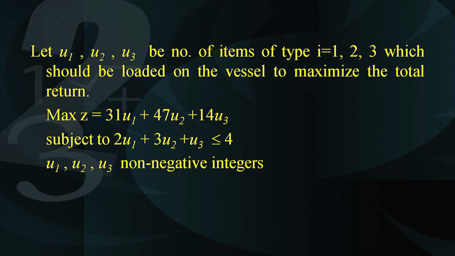So, let us define the decision variables as follows. U1, U2 and U3 are the number of units of types i equal to 1, 2 and 3 which should be loaded on the vessel to maximize the total return.